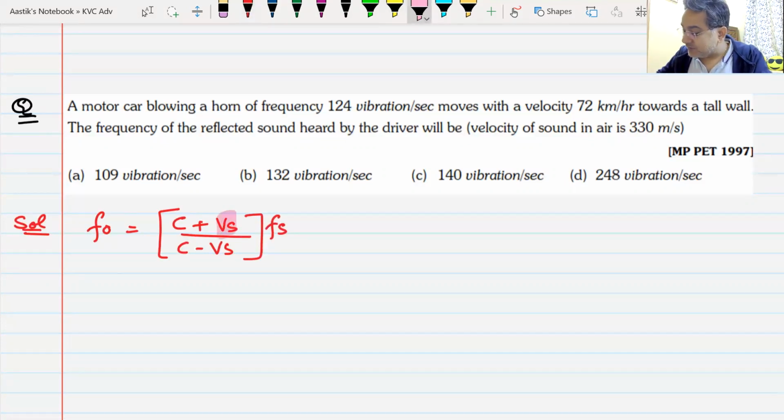This Vs is 72 km per hour. You have to convert it into meter per second. How much is that? 20. So it is 330 plus 20, which is 350, divided by 330 minus 20, so 350 by 310. Do we understand this? Everyone got this answer?